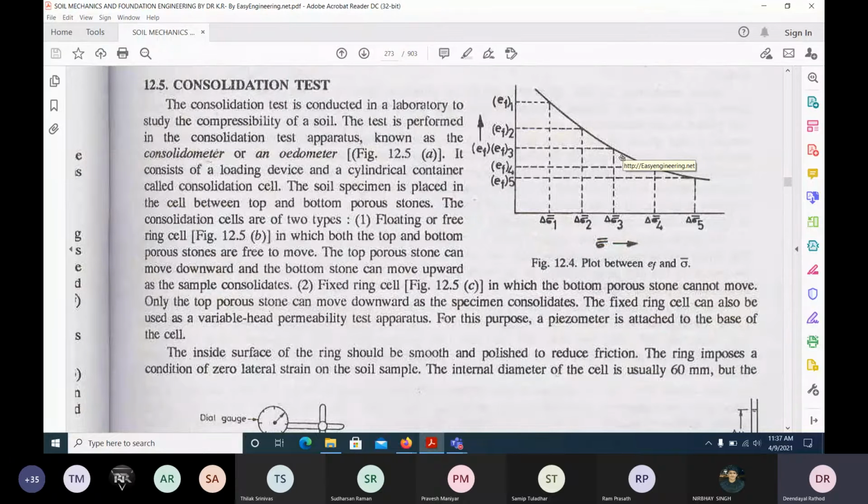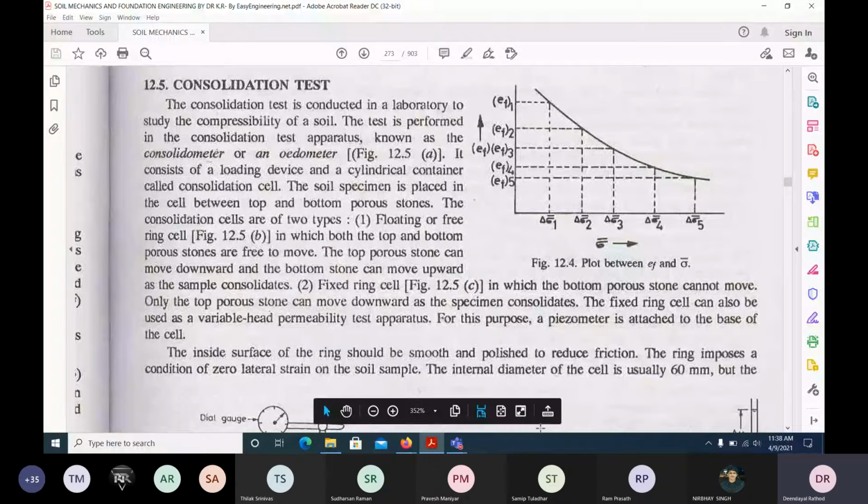In the laboratory, we have seen there would be some cell in which we keep this soil sample and apply different loads and find out the final void ratio and so on. We can plot load versus void ratio, which keeps on reducing with the load intensity. But how do we generally find this void ratio?